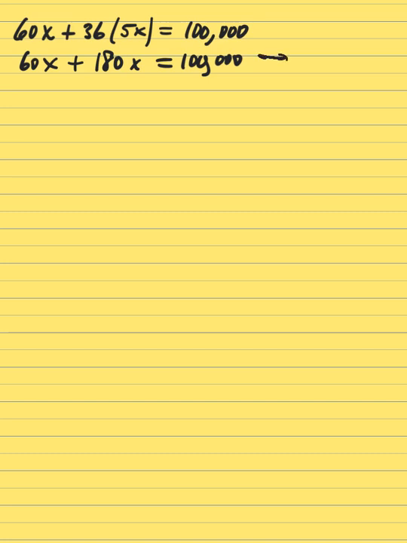Okay, now from here we get 240x, combining like terms, equals 100,000. Dividing by 240 and reducing, it won't divide evenly, but in a reduced format, 100,000 divided by 240 will simplify to 1250 over 3.